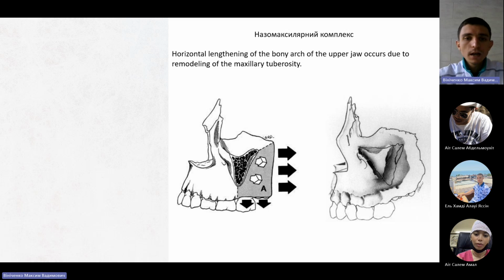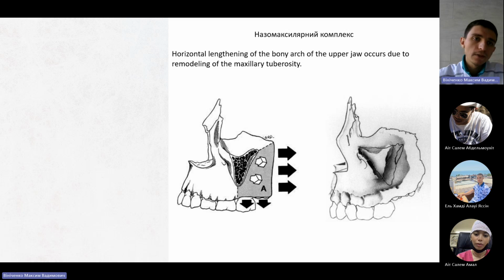As we could see, the upper jaw, the maxilla, doesn't grow forward, it grows distally by the process of remodeling of maxillary tuberosities. So here we could see that, for example, the anterior nasal spine, as it was on this side, during the growth process, it is on the east side, but we could see that the tuberosity becomes bigger.